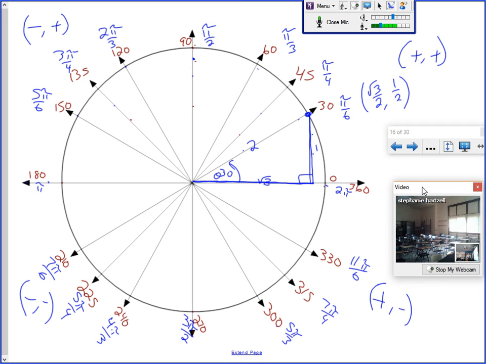When you're at 45, it's 1, 1, root 2. What's my cosine of 45? 1 over root 2, but we write it as root 2 over 2. What's the sine? Root 2 over 2. What's the cosine at 60 then?